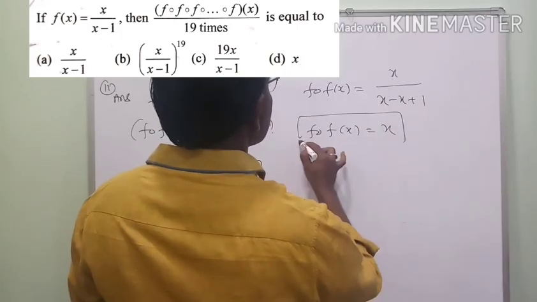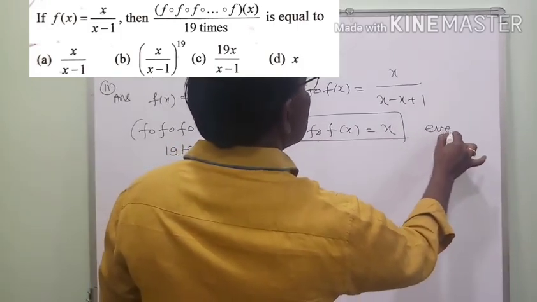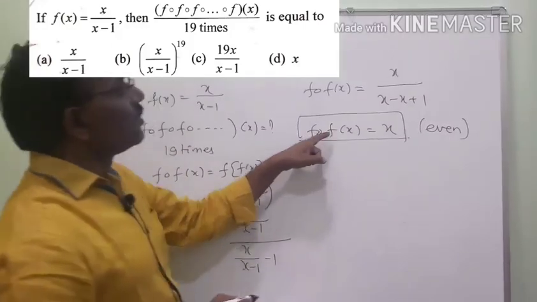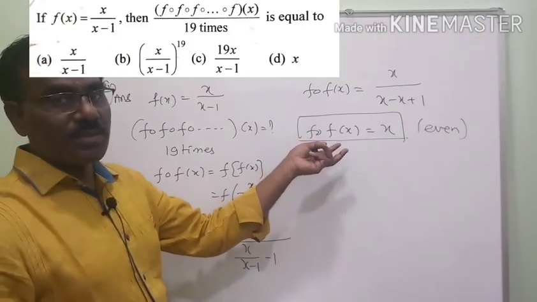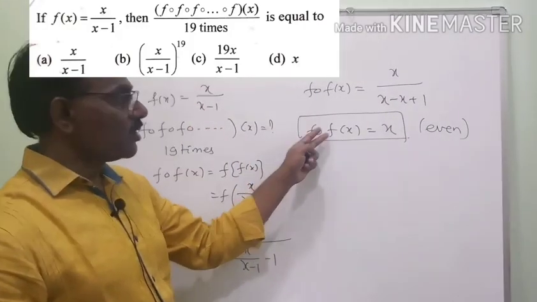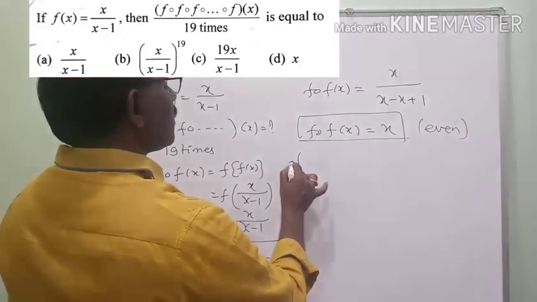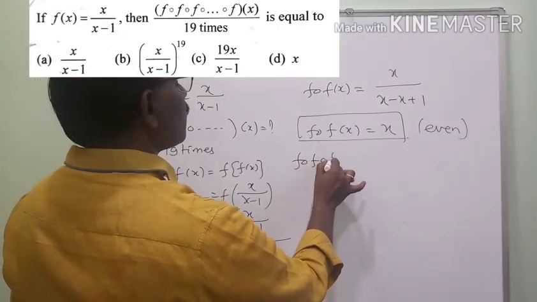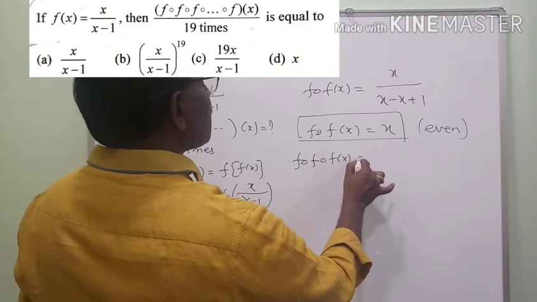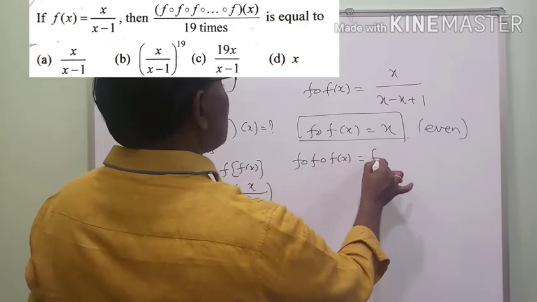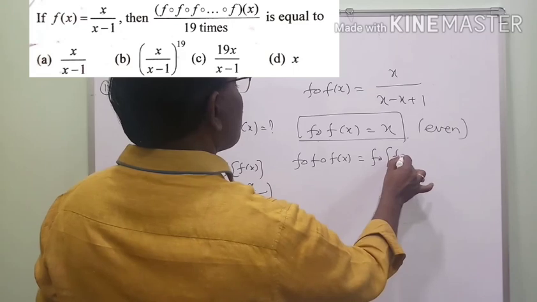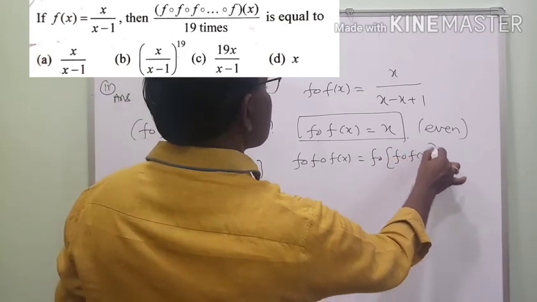See, this is even: two times is even functions, since you are using it twice. Once again, f composition f of x.